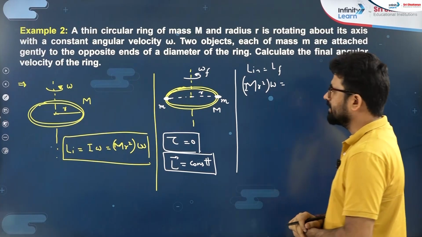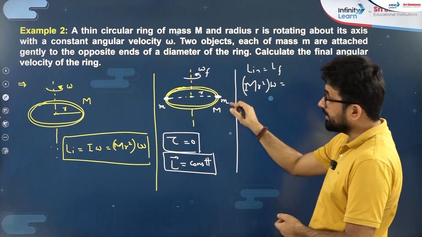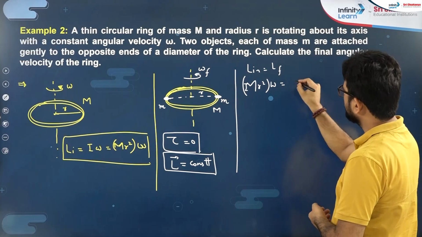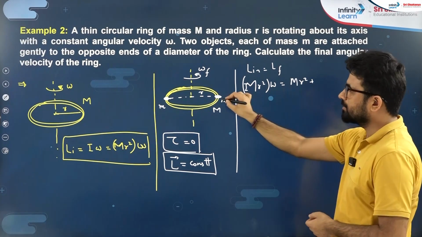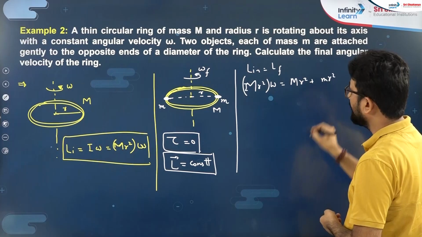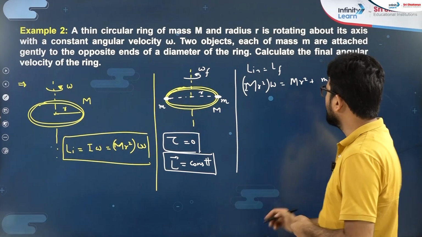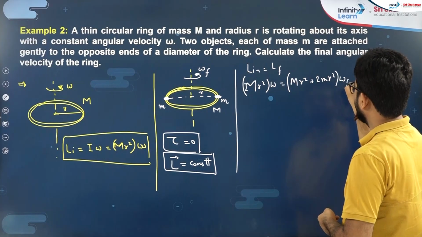And what is the L final? You combine the I for the ring plus the small masses. For the ring, it is capital M into r square. For small m mass, one mass gives small m into r square, but there are two masses, so I will put 2 also, and that is multiplied by omega final.